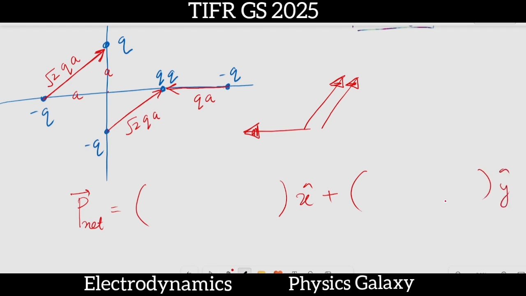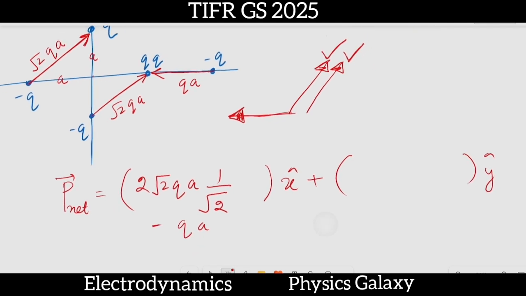The x component of these two will be 2 times root 2 qa cos 45, that is 1 by root 2. And the x component of this one will be minus qa. So we got the x component.